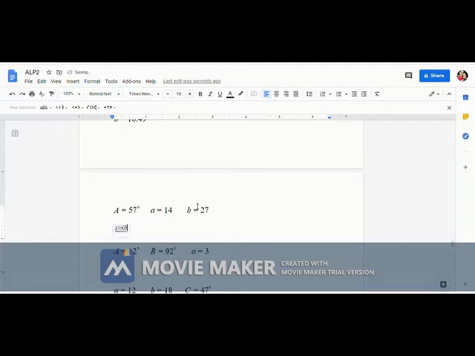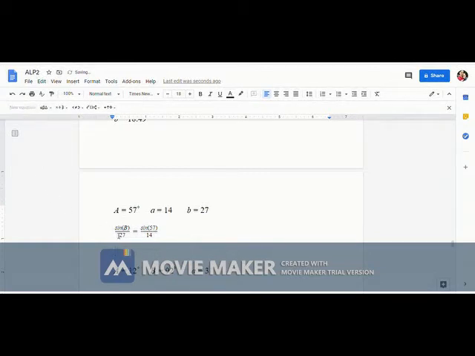Sine B over 27 equals sine A, which is 57, over 14.